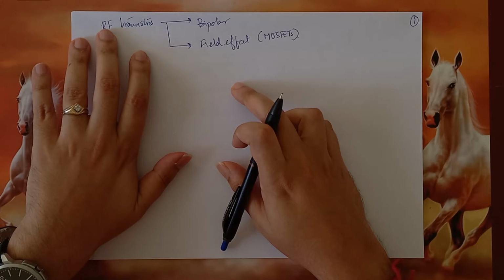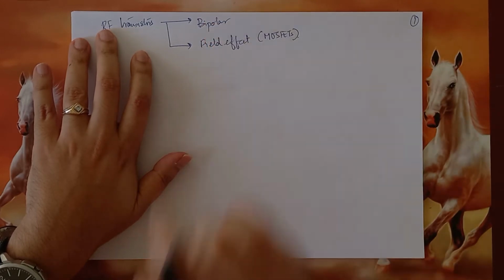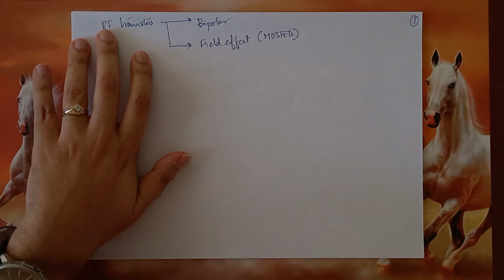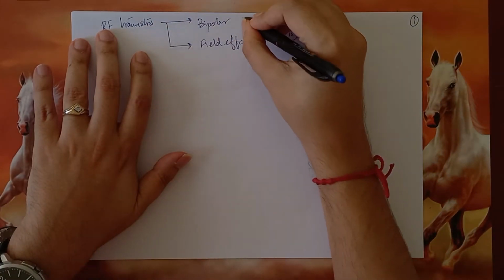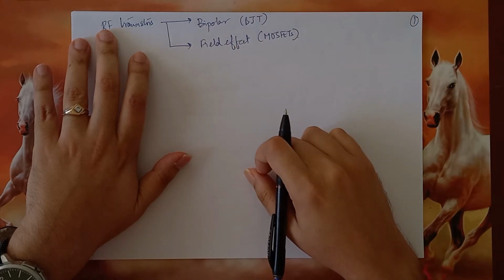Well, if you were to make a bipolar transistor and a MOS transistor in equivalent technologies, you would see that the bipolar transistor or the BJT would have more bandwidth compared to an equivalent MOSFET.